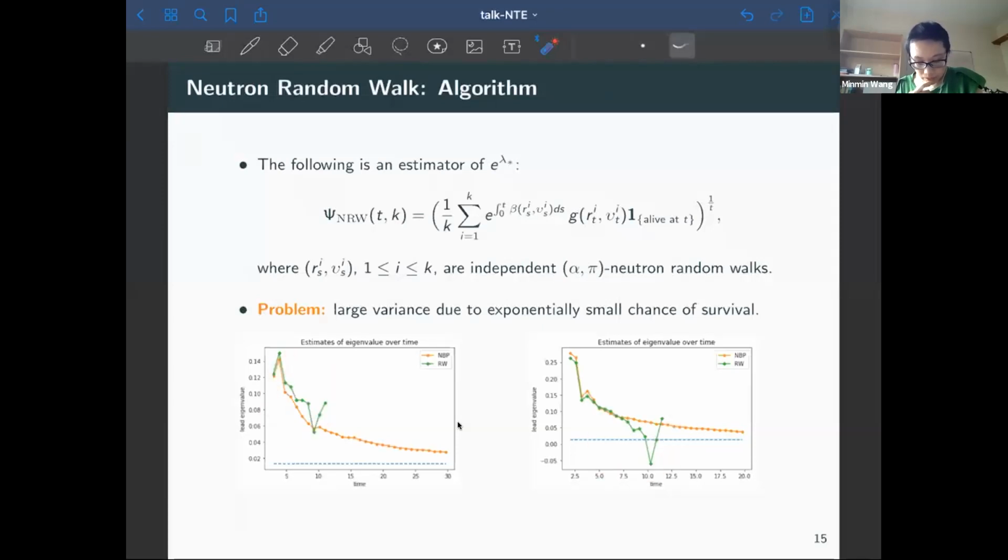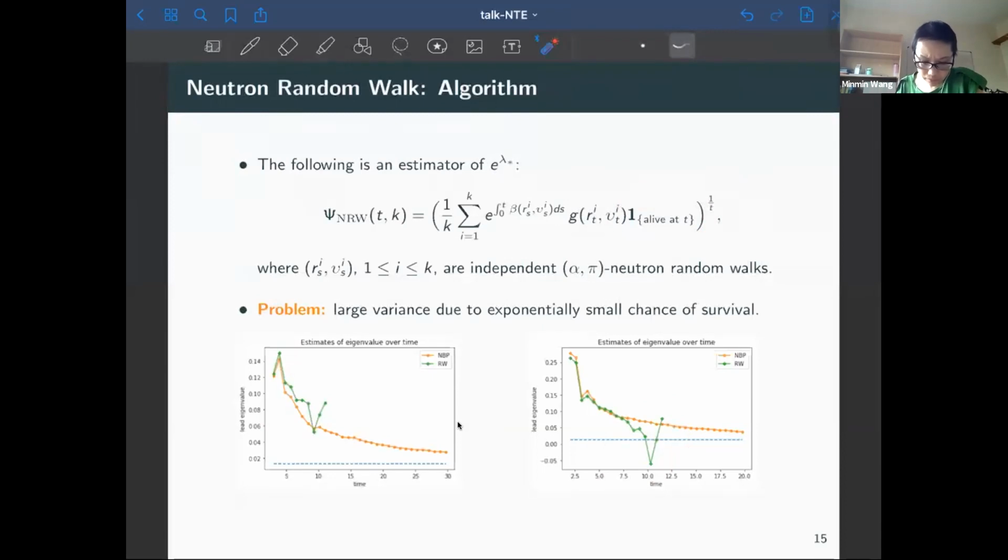One reason for the poor performance of the neutron random walk estimator is this indicator. The probability of survival up to time t is an exponentially small event.